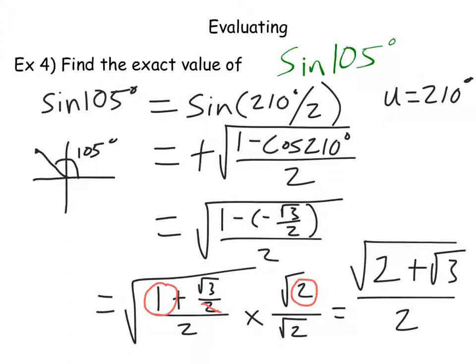Okay? Interesting looking number. It's got a fraction with 2 square roots, but right, that's what we were after, the exact value of the sine of 105 degrees.